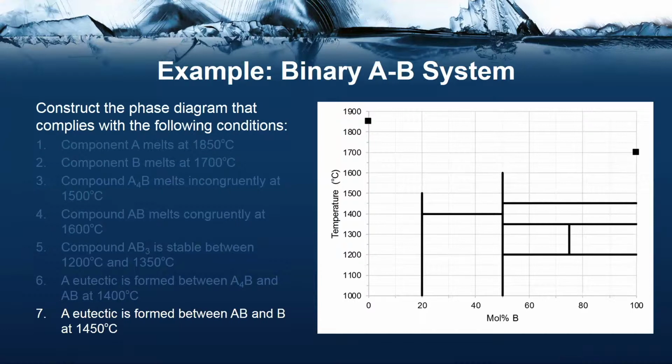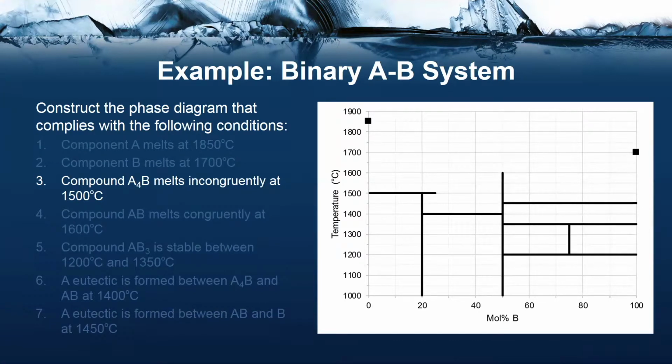But there's one more line that we can draw before starting to add a liquidus curve. And for this purpose, we move back to the third condition. The third condition said that compound A4B melts incongruently. If you remember from the previous lecture, this means that the pure intermediate compound A4B will not form a melt of the same composition as A4B just above the melting temperature.